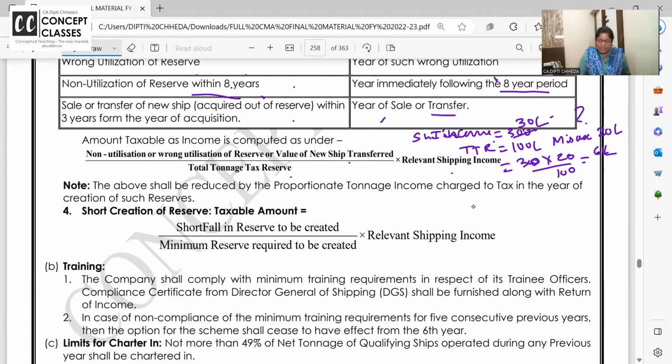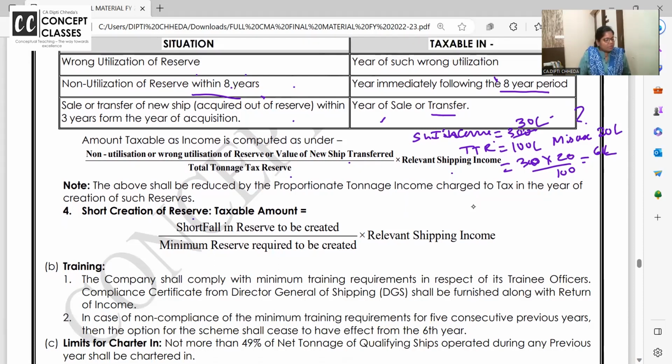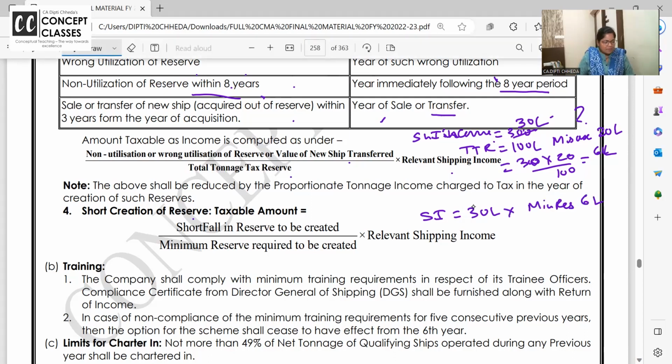Sometimes if there is short creation, you have created less reserve than what you are required to. Again, your shipping income is 30 lakhs. So how much you had to make the reserve, minimum reserve? 30 lakhs ka 20%. So let us take it as 6 lakhs.